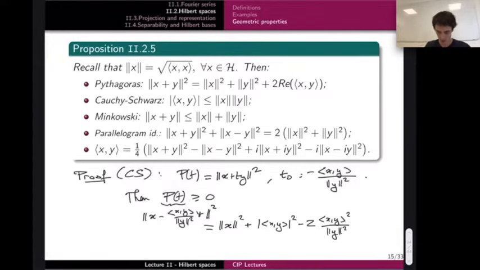So now what do I deduce from that? Well, this is non-negative, like I said.